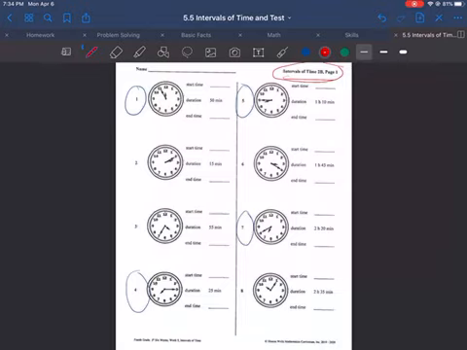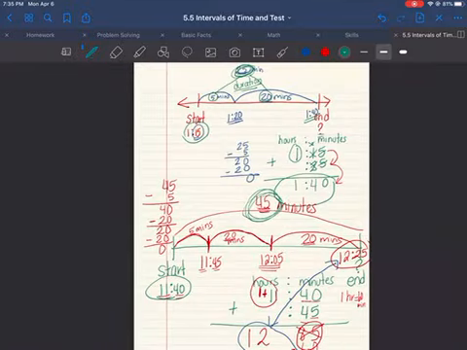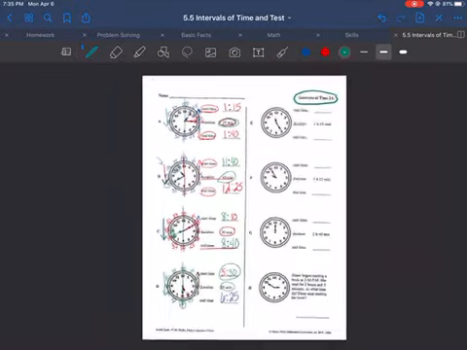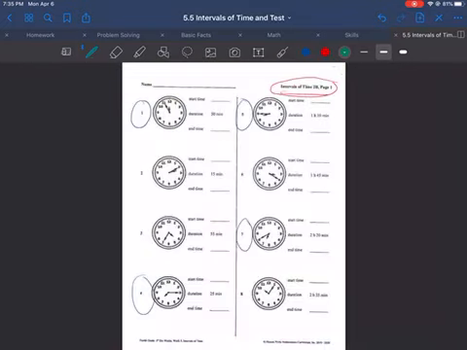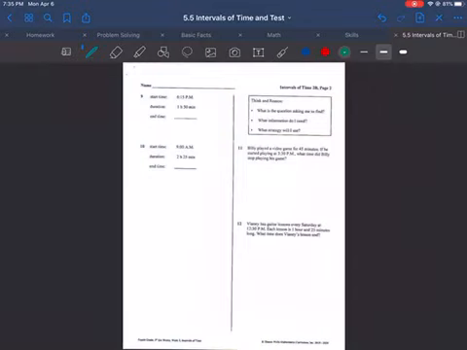Again, intervals of time to be page 1, and you guys can go ahead and do the ones that are circled in case you finish and you want to continue practicing. Of course, you can do the rest, and also the ones that I did not do over here, you can also do these on the right hand side. I'm going to go ahead and jump over now to be page 2.